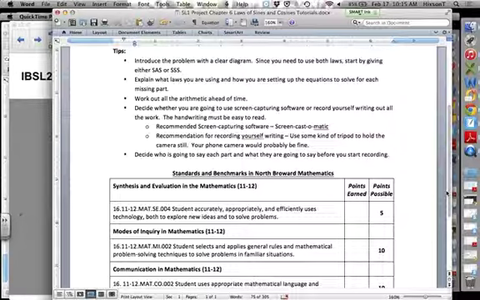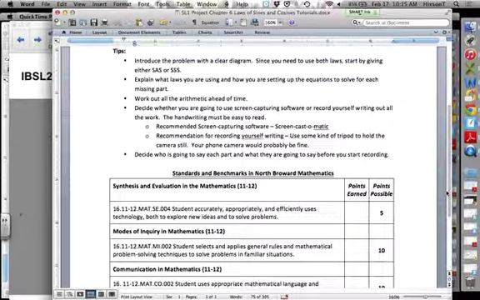Another thing is, with your partner, decide whether you're going to use some kind of screen capturing software, or whether you're going to record yourself writing out all the work. The key here, though, is the handwriting must be easy to read, not just legible. I'm talking easy to read, which for some of you is not very likely.